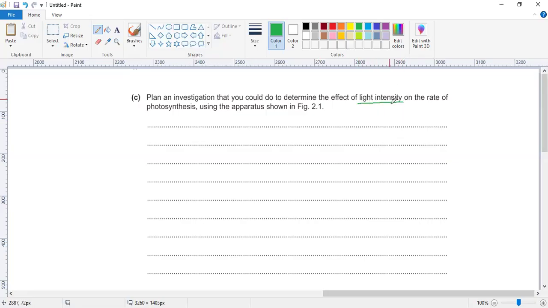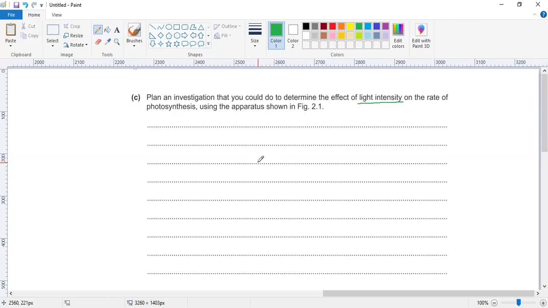Here they're asking about the light intensity on the rate of photosynthesis, and definitely light intensity affects the rate of photosynthesis. We will use the same apparatus that we have seen in figure 2.1. Then what to do? Here we can use different light intensities.